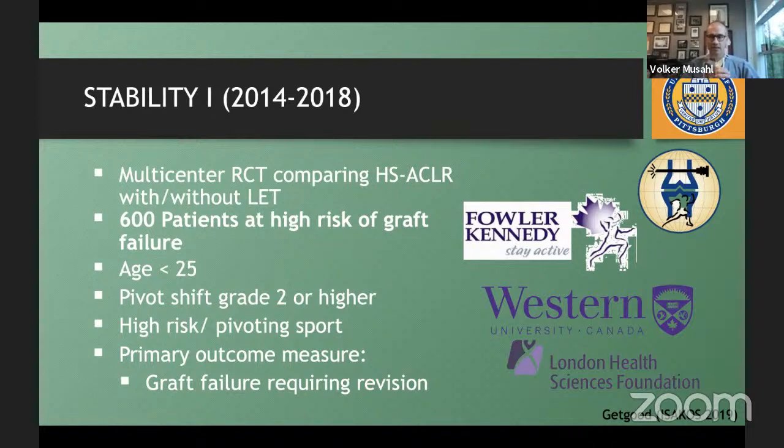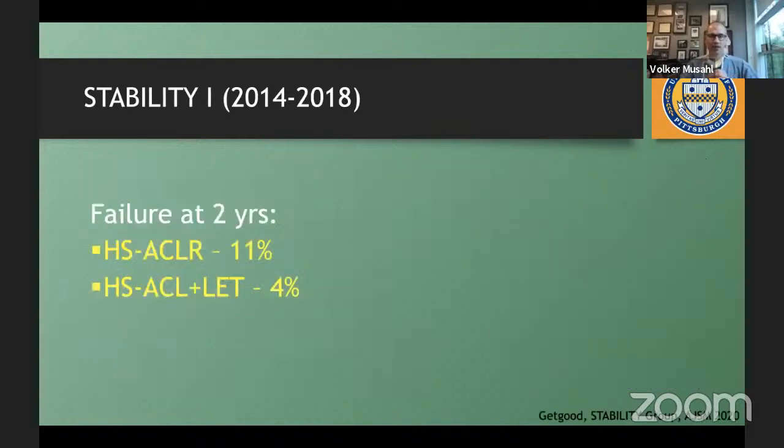He also obtained an ISAKOS grant in 2014, and they looked at 600 patients, they're all hamstrings, 300 with and 300 without lateral tenodesis in young patients, high-grade pivot shift, high-risk sport. And they found that the failure rate at 2 years was 11% without the tenodesis, 4% with the tenodesis. It's a powerful study and very interesting because it would really make you think twice not to use the tenodesis.